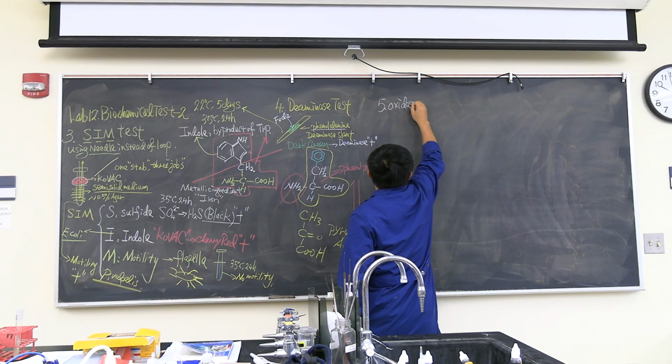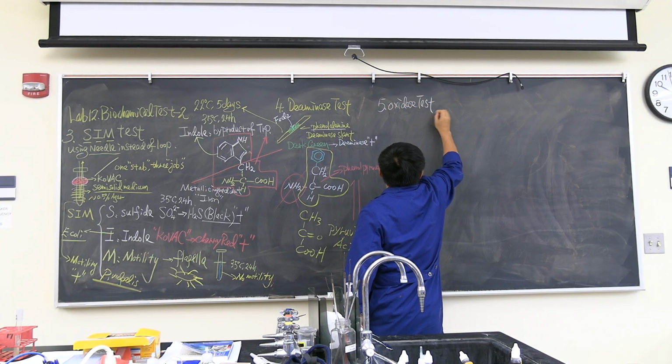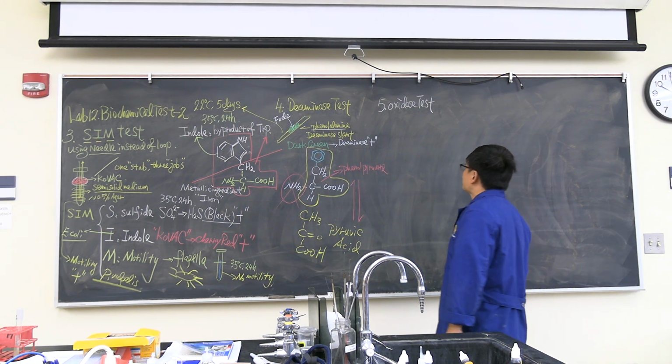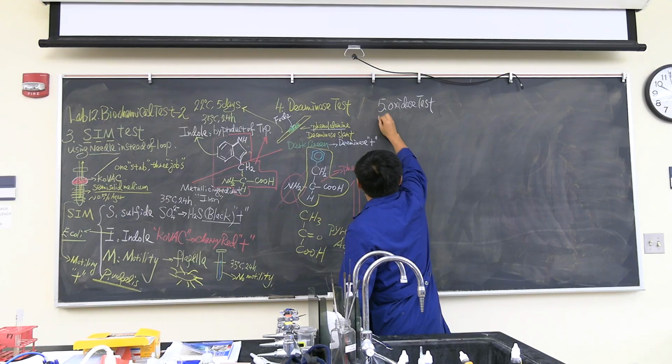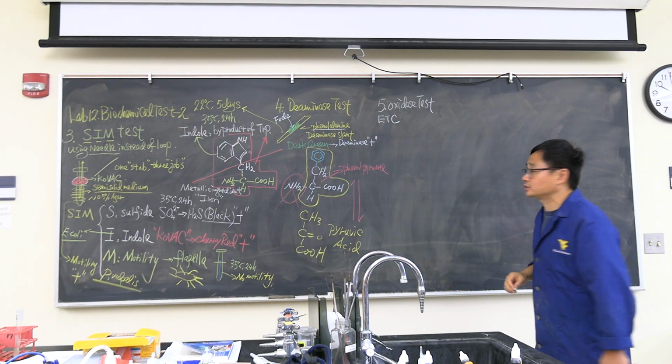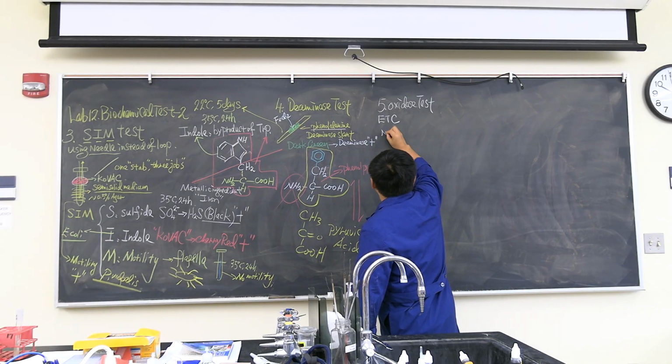Okay, number 5. Oxidase test. So what is oxidase? Oxidase, we have to talk about the electron transport chain. We're going to talk more detail in the lecture. So here we're going to be brief.